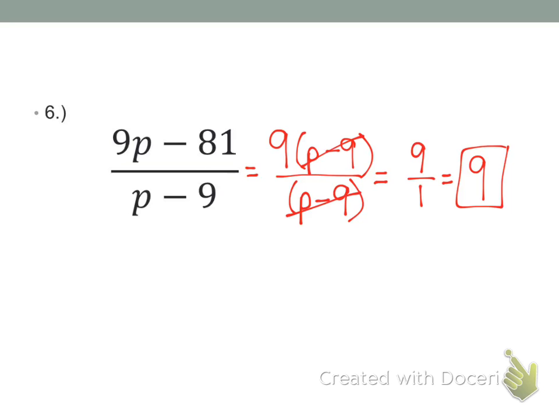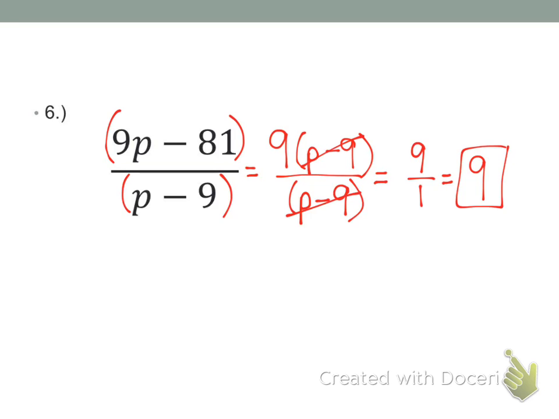So from the very beginning of this problem, if we see two terms added or subtracted together, it might be a good idea just to put parentheses around it. Anytime you see two terms either added or subtracted together, it's a binomial. We could go ahead and put parentheses around it just to remind ourselves of that.